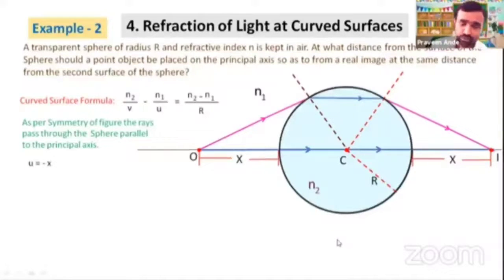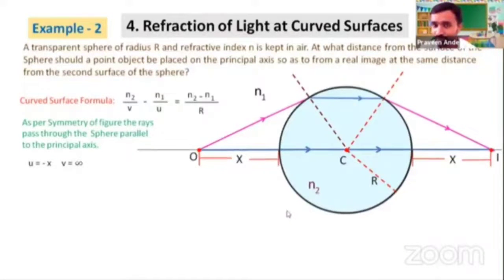Here, what is the object distance? It is x with the negative sign, because we are measuring opposite to the incident light ray, starting from the surface. Next, note down the image distance V. For the first surface we assumed that the image distance is infinity because the ray becomes parallel to the principal axis.